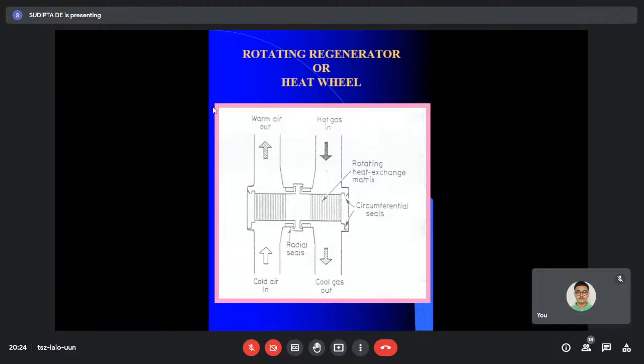In this process, the matrix is heated during hot fluid flow, extracting waste heat.